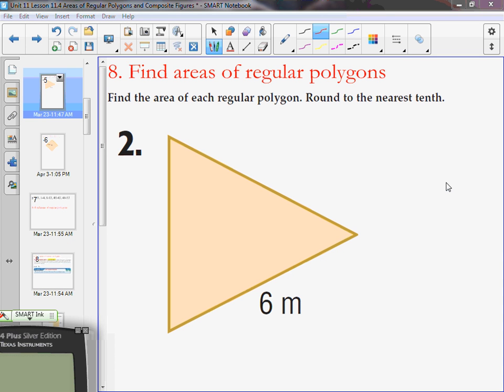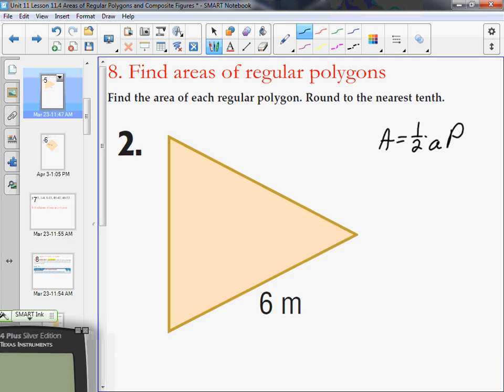All right, so they've told us it's a regular polygon. So I know that I'm going to use area equals 1/2 apothem times perimeter, okay? Now, at this point, all I know is that it's a regular polygon and that one of the sides has a length of 6 meters, okay?